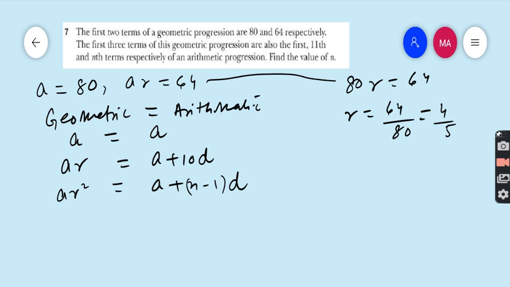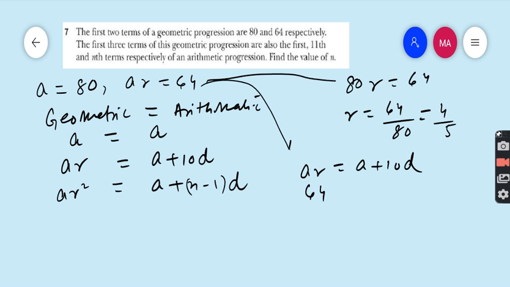Now we have the first term of geometric 80 and the common ratio is 4 upon 5. Now use ar is equal to a plus 10d. We have ar given as 64, so I am putting 64 over here.